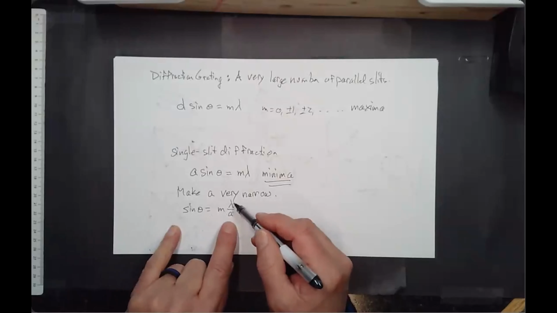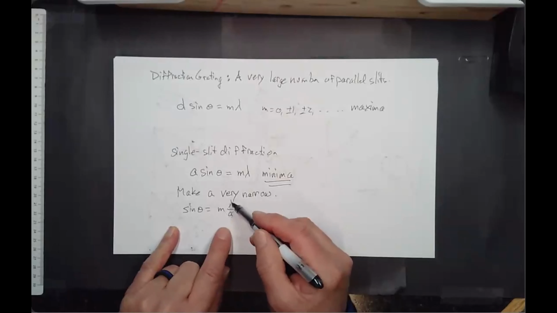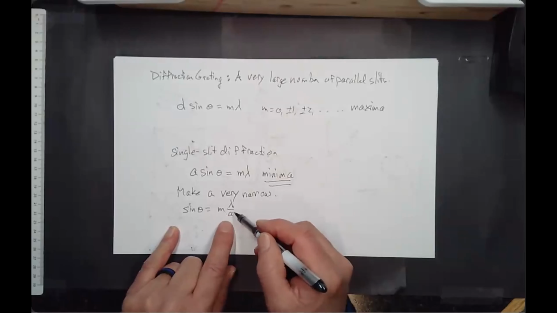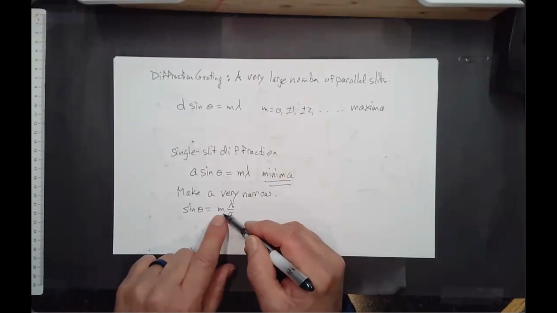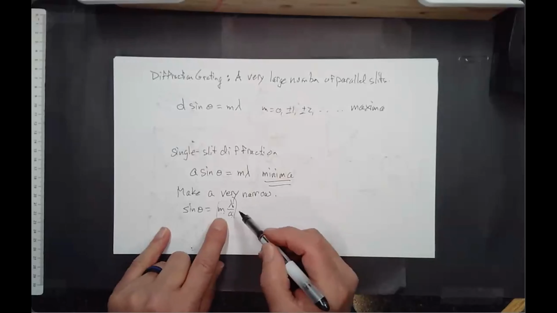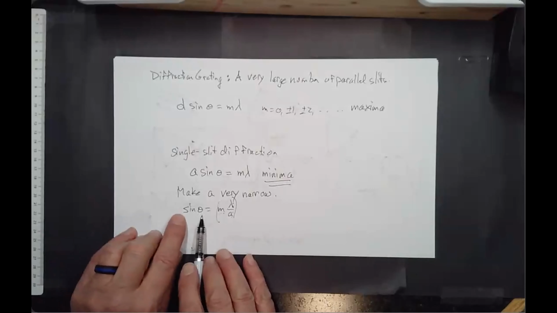But if A is much larger than lambda, then this will be a very small number, and you can have m be up to 1, 2, 3, 4, 5. As long as this right side isn't larger than 1, you can see a maximum there.